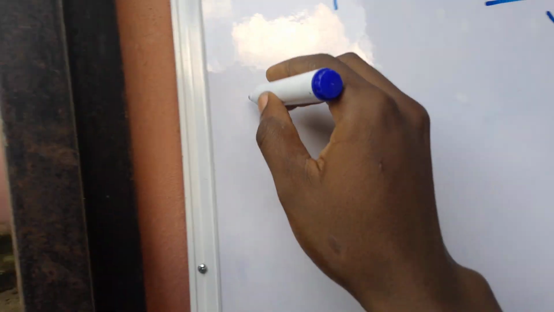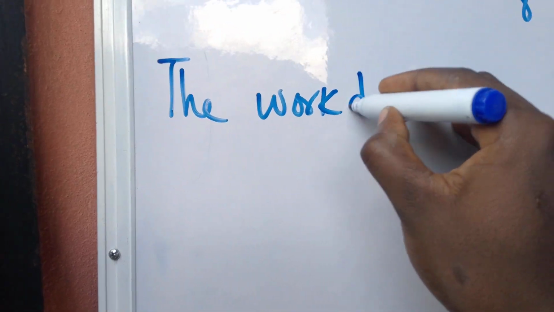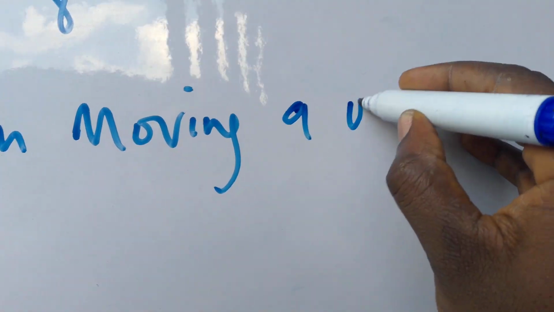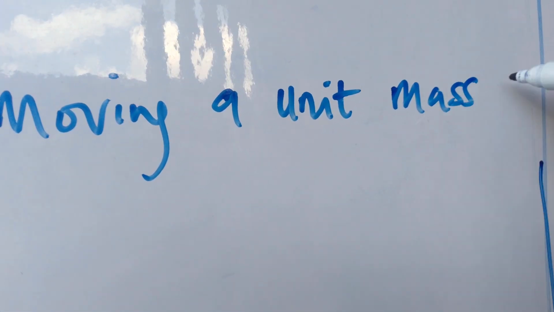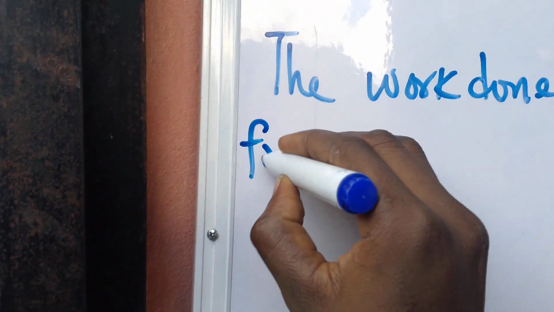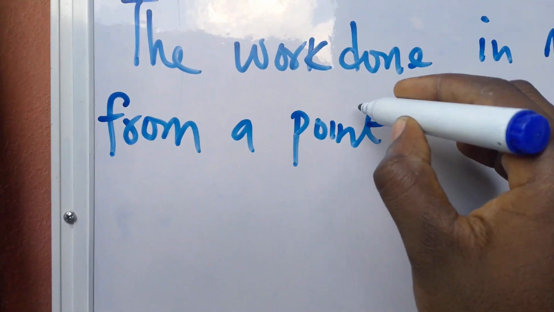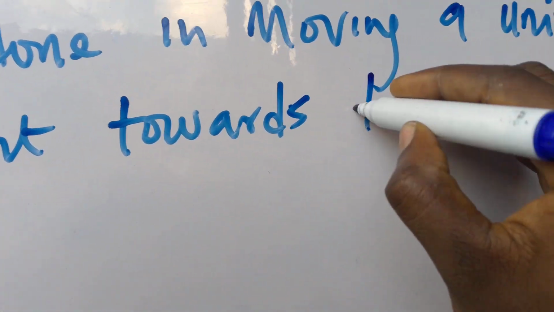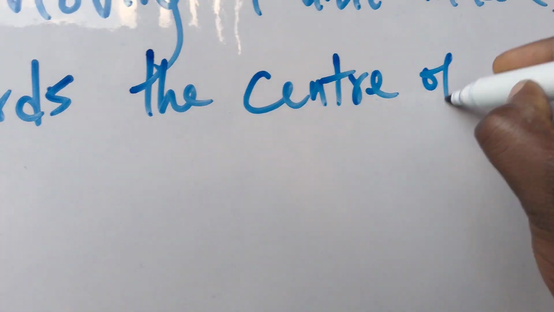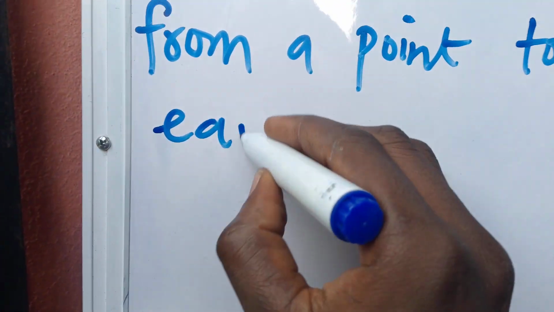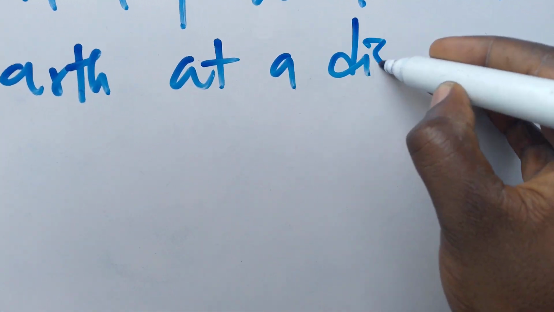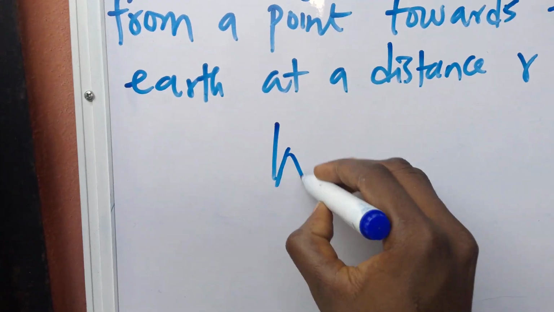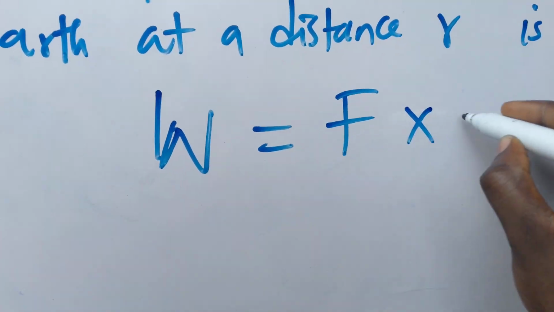Now it says the work done in moving a unit mass m from a point towards the center of the Earth at a distance r is W equals F times r.